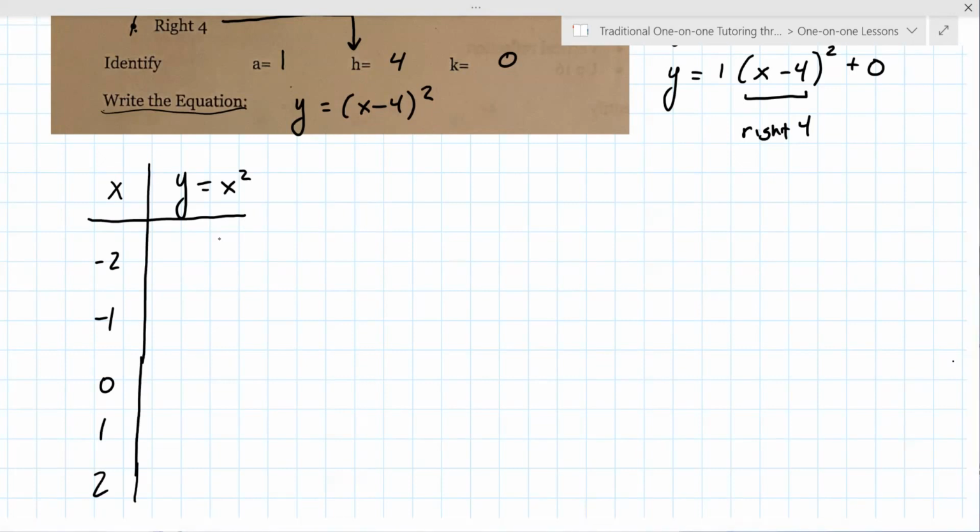You're squaring these numbers, so you're multiplying each by itself. That's what this means. It means take -2 and multiply it by itself, so -2 times -2.